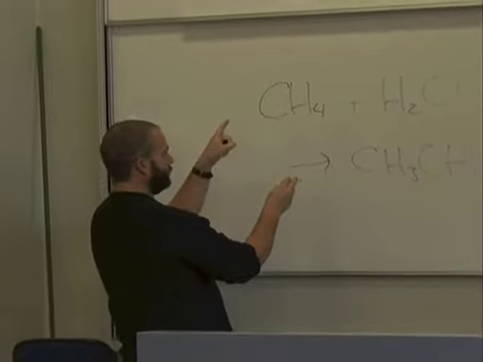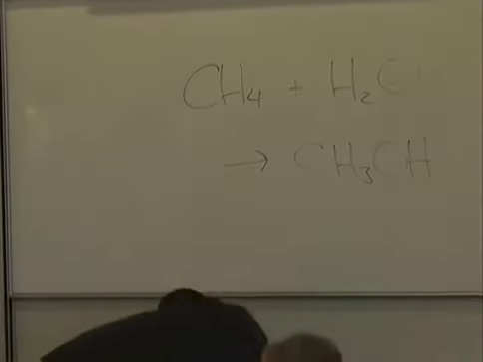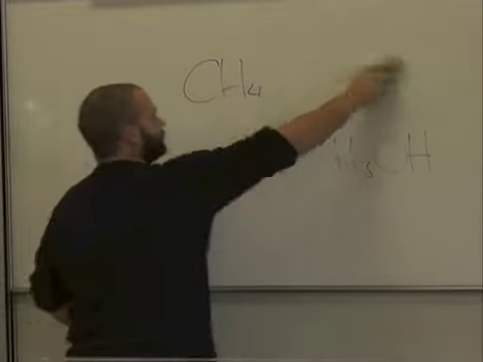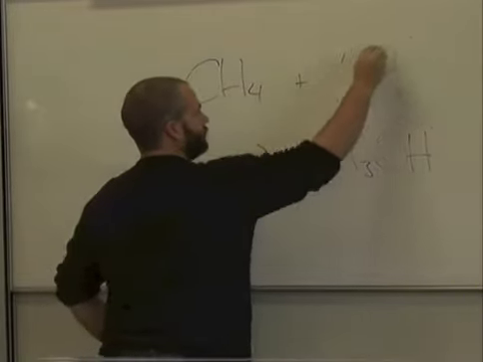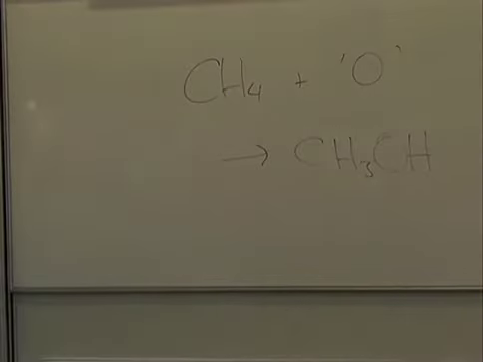Now, how do we do that? Actually, let's take the water out. It's taking methane, reacting it with some source of oxygen and turning it into methanol. If you can do this, then this is good because you can make fuel out of it.